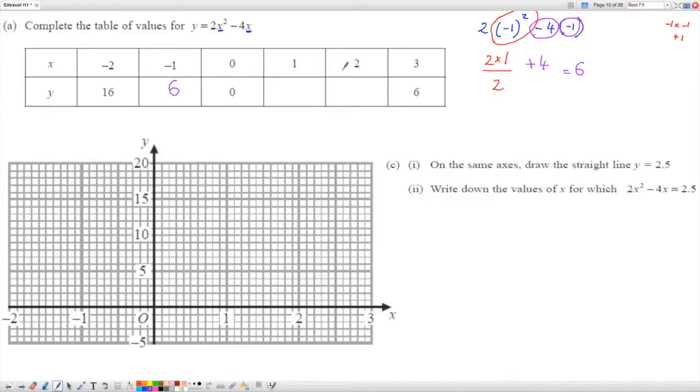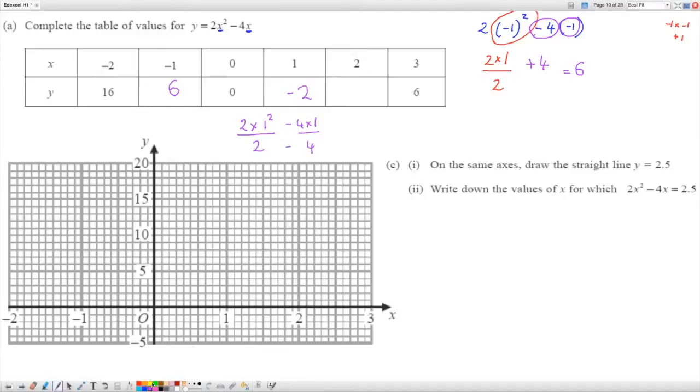Okay, less complicated now with our positive values, but still be careful with our -4 in the middle. So replacing x by 1, we'll have 2 times 1 squared minus 4 times 1. This part is 2, this part is 4, 2 take away 4 is -2.